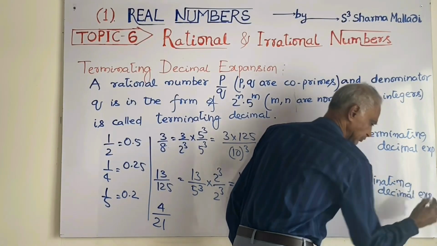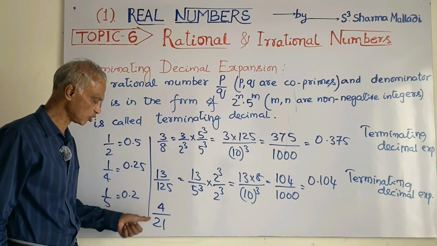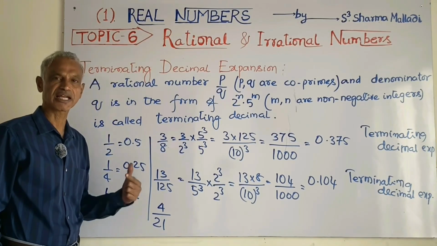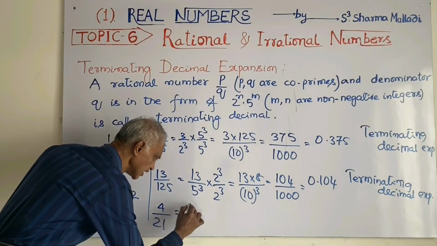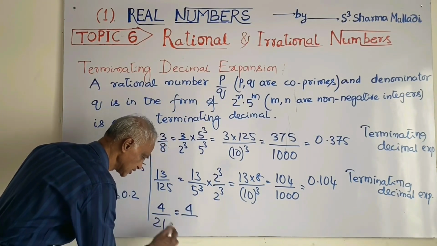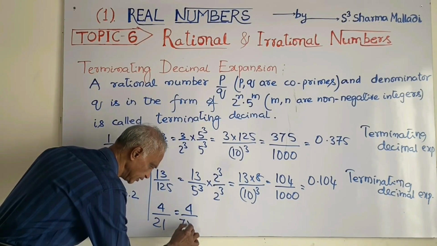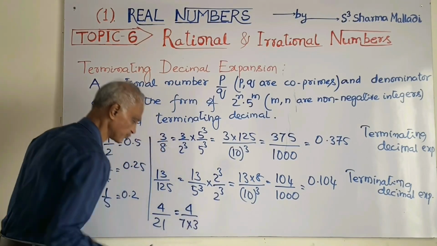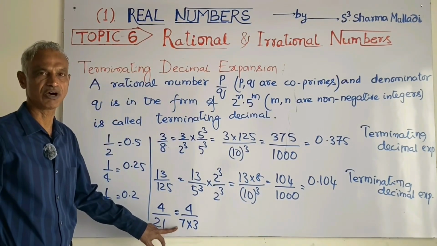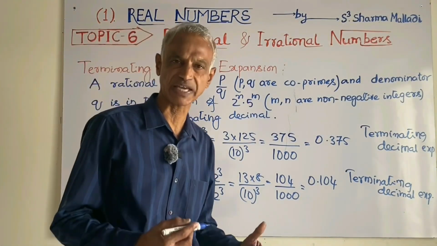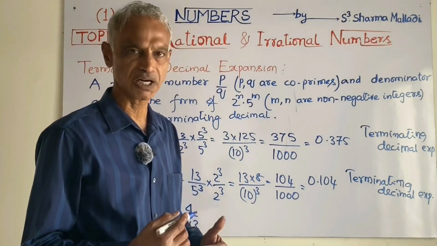We will check whether 4 by 21 is terminating or non-terminating. It can be written as 4 by 7 into 3, 7 3s are 21. It cannot be written in the form of 2 to the power of n into 5 to the power of m.